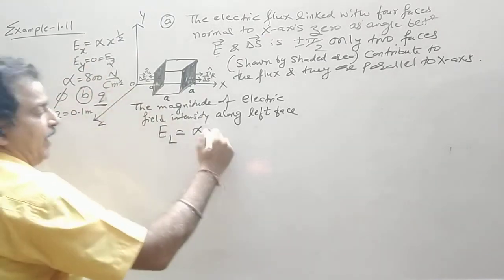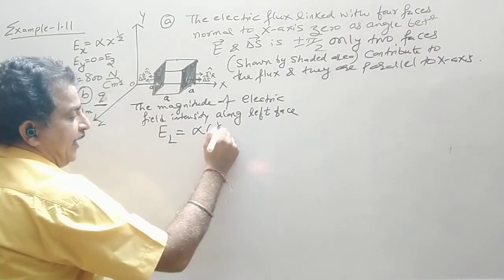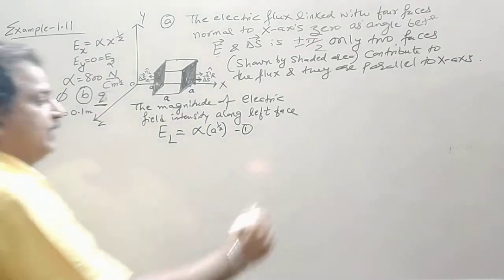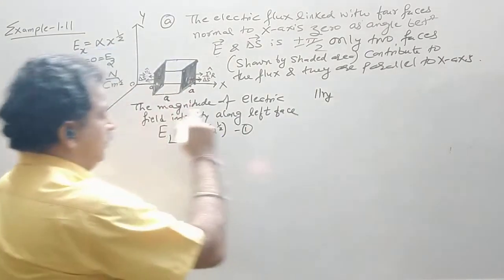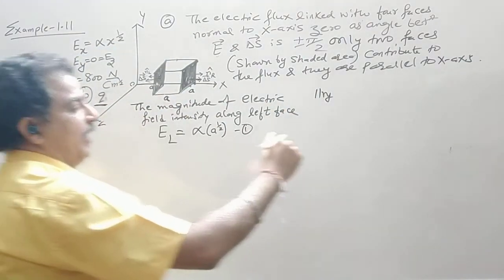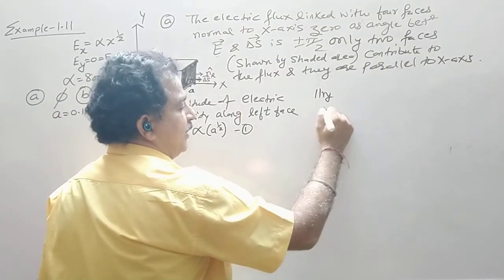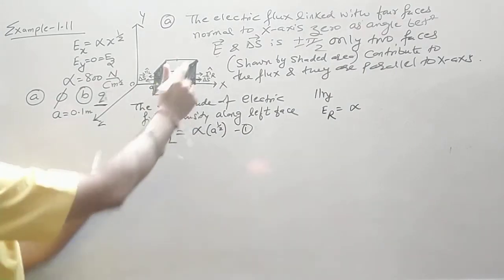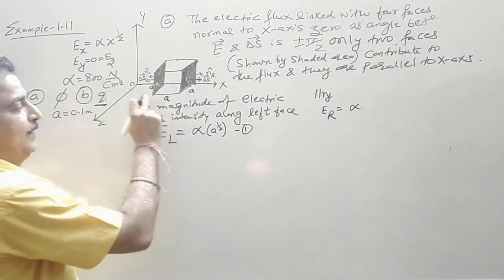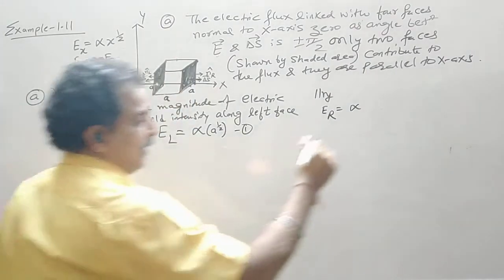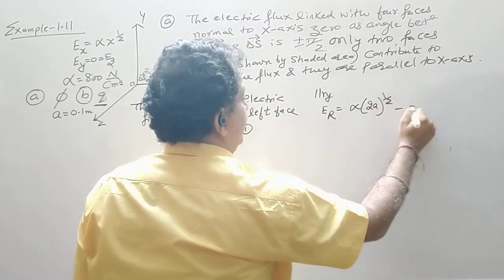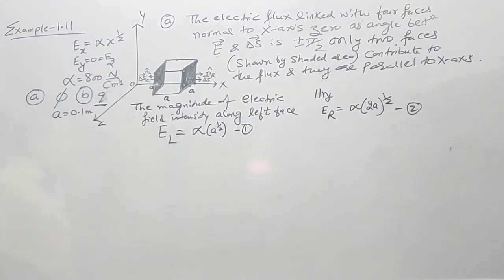So in the place of x, I write A raised to half. So this is equation number 1. Similarly, the magnitude of the electric field intensity along the right face, that is ER, is equal to alpha. The distance of this face from the origin is, this is A, again this is A, 2A, so 2A raised to half. This is your equation number 2.